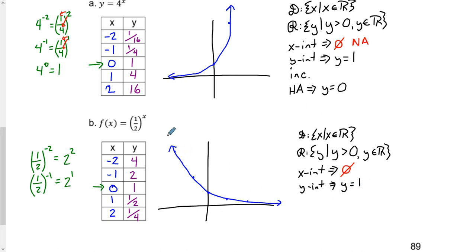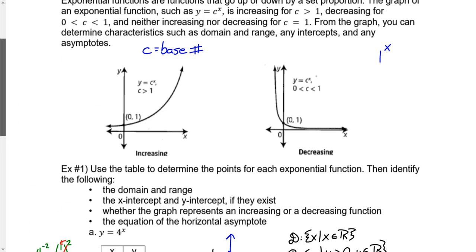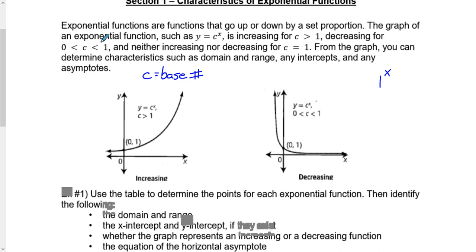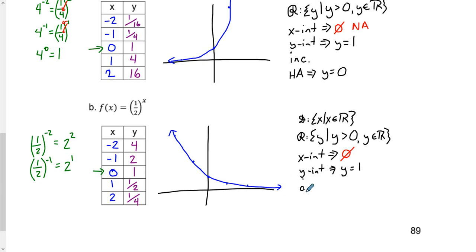The biggest difference on this one is, this is definitely going down as it's going from left to right, which is evident in our equation and obviously from the graph. 1/2 is definitely in between 0 and 1, which makes it a decreasing function. And a nice abbreviation of that, DEC. And once again, just like before, our horizontal asymptote is y equals 0.